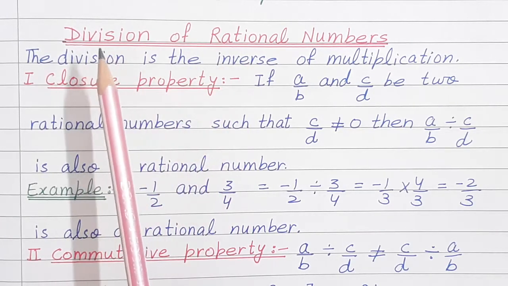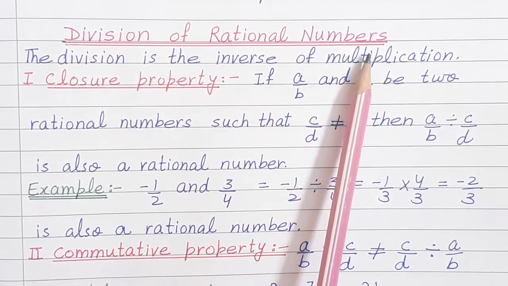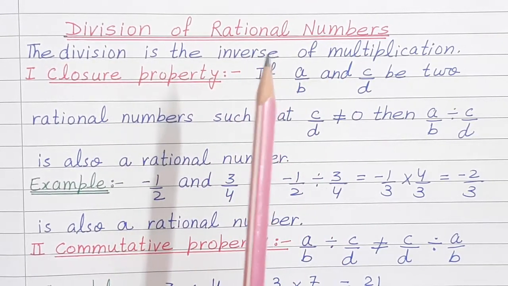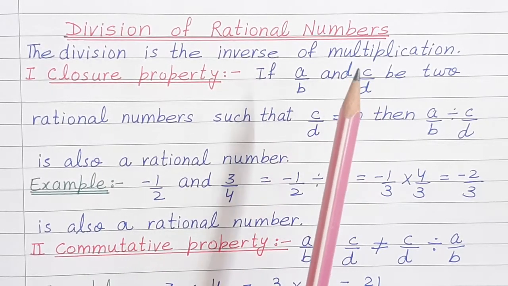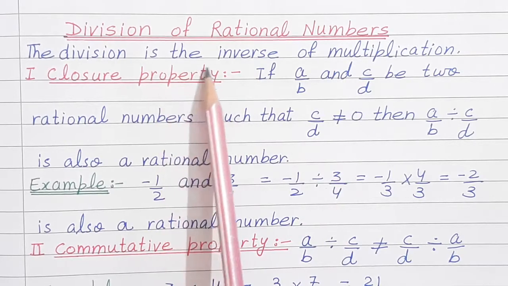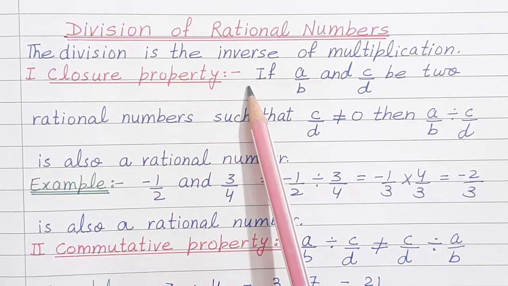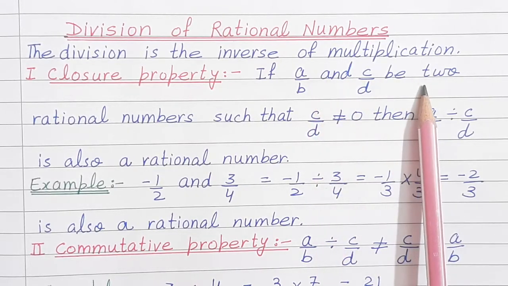So, let us discuss division of rational numbers. Students, till now we have discussed about addition, subtraction and multiplication of rational numbers. Now, let us discuss about division. The division is the inverse of multiplication.